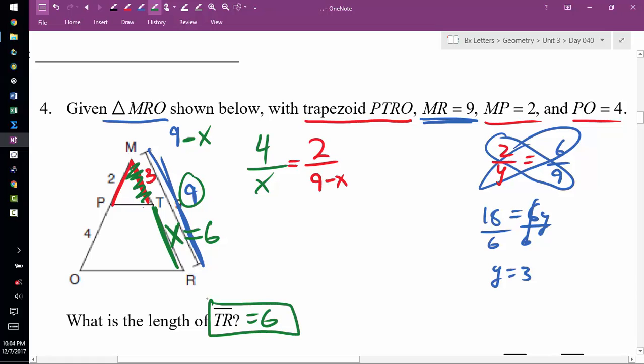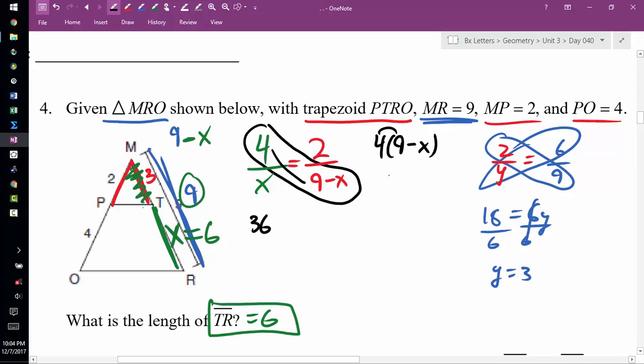And if I do this more complicated one, if I actually do that multiplication out, we'll get the same thing for x. Here I'm calling it x because TR is what I'm looking for. It's a different thing than the other one. We're going to have 4 times 9, which is 36. Let me show that multiplication. 4 times 9 is 36. 4 times minus x is minus 4x.